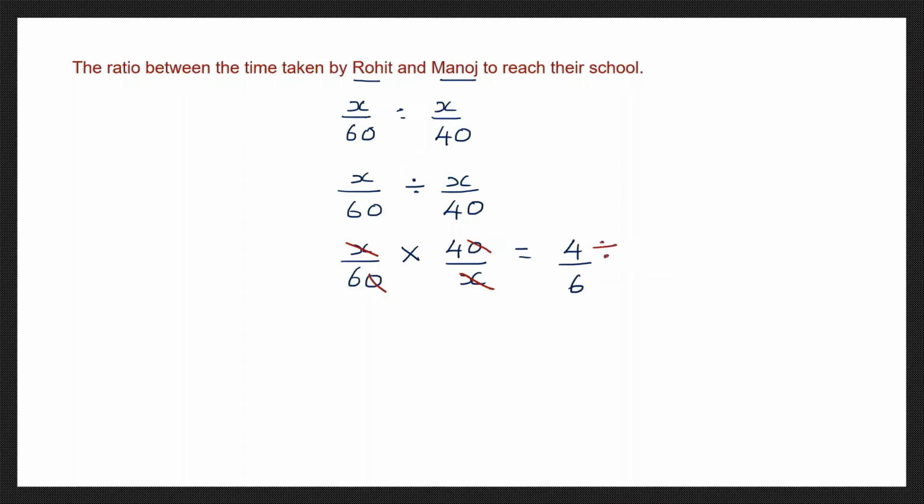I can divide both by 2. So when I divide by 2, I get 2 2s are 4 and 2 3s are 6. So my fraction is 2 by 3 and my ratio is 2 is to 3. So the ratio between the time taken by Rohit and Manoj to reach their school is 2 is to 3.